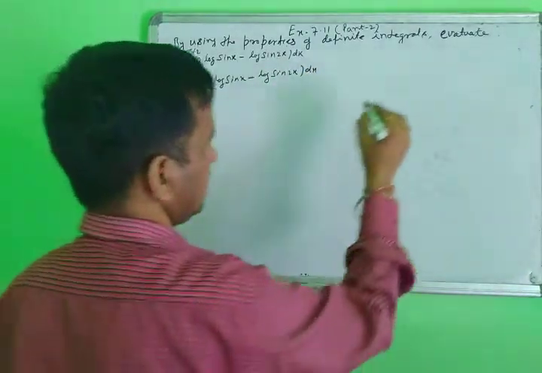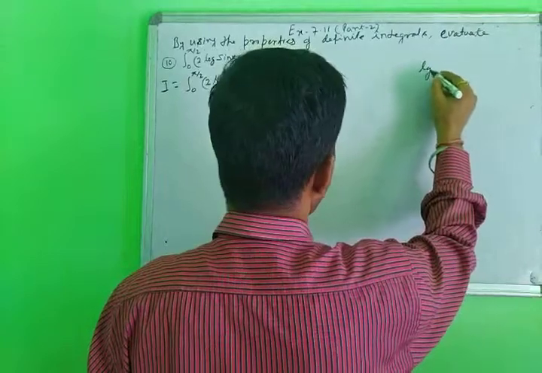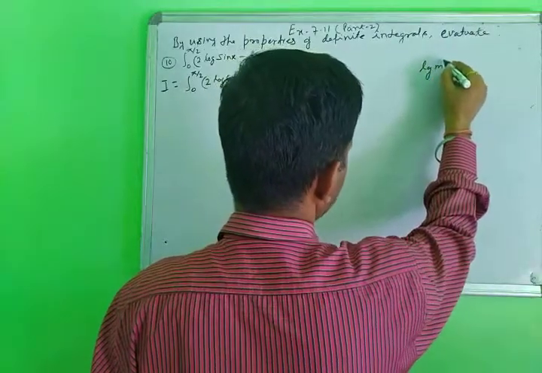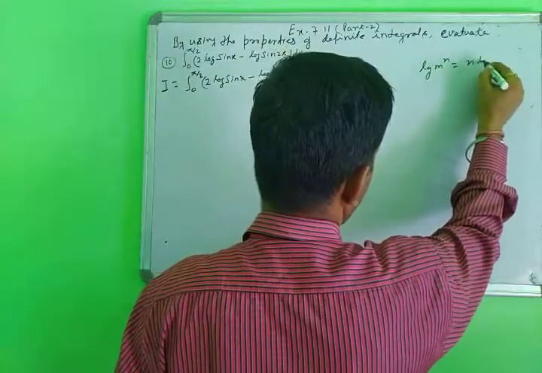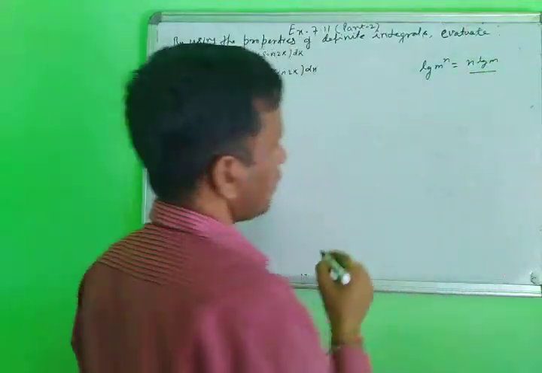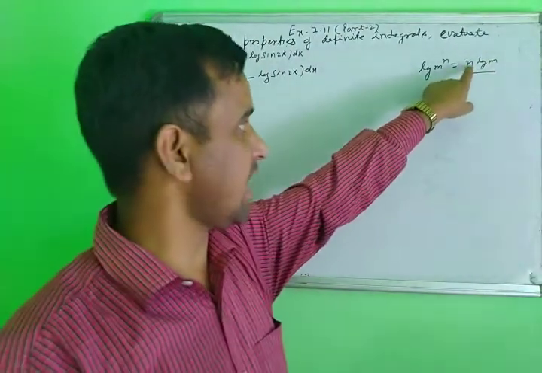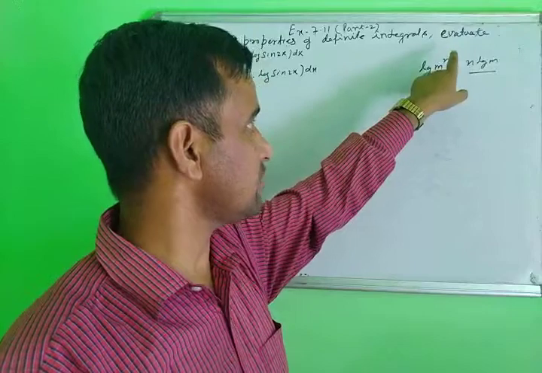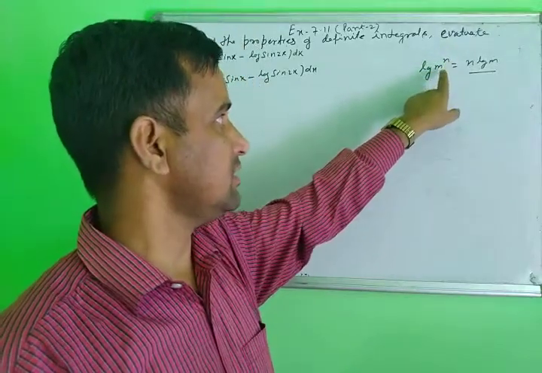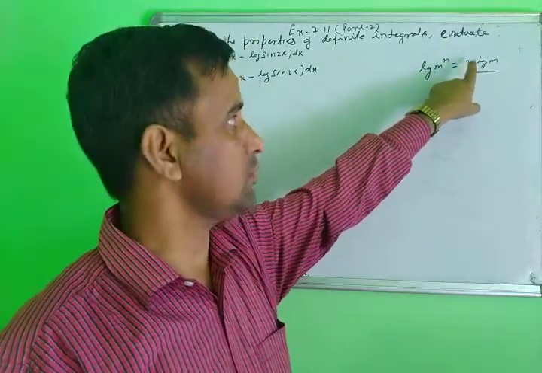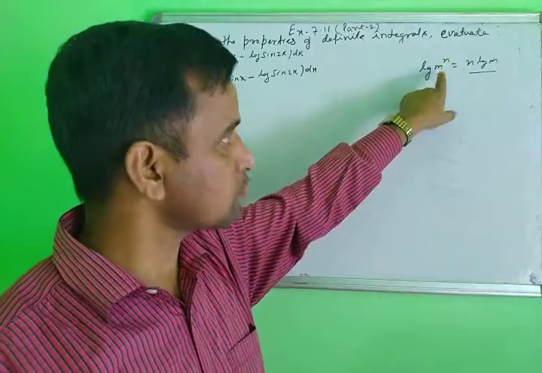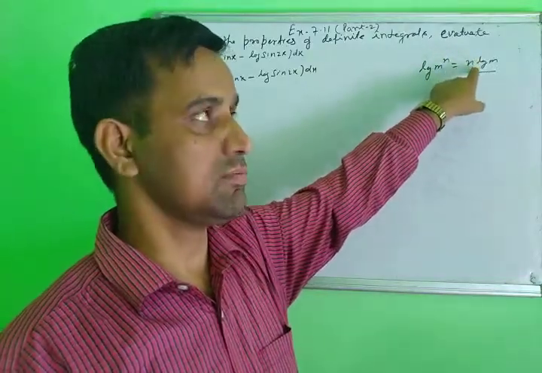You know the property: log m^n equals n log m. According to this property, if the question is in this form, you write the answer in this form.